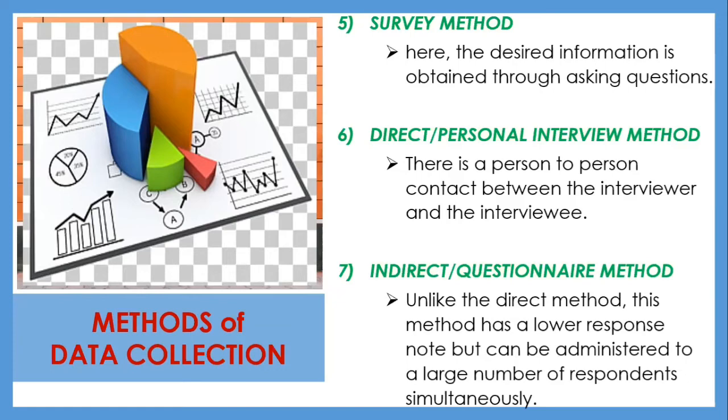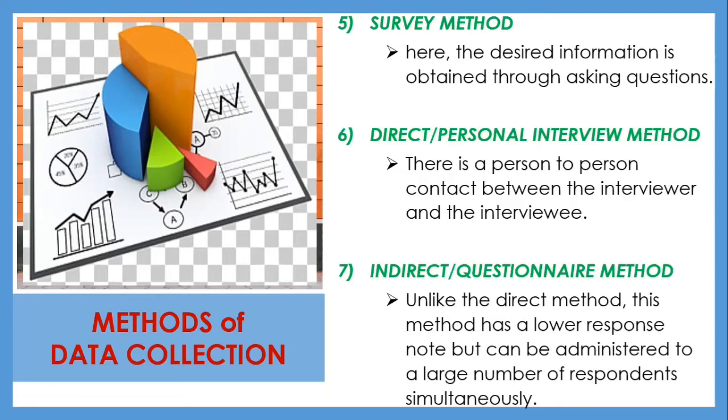This is considered as one of the most effective methods of data collection because accurate or precise information can be directly obtained and verified from the respondents. And moreover, this has a higher response rate, but can only be administered to the respondents one at a time.